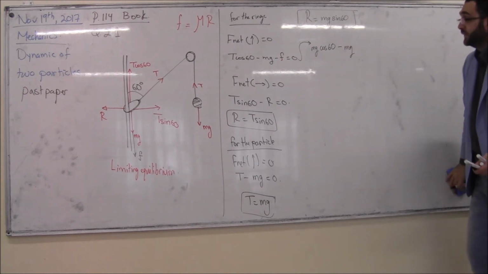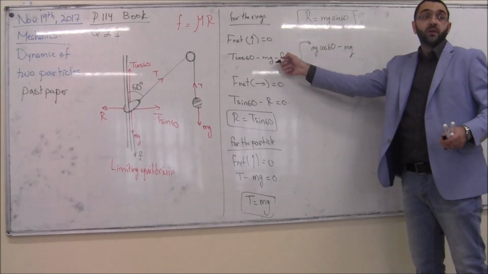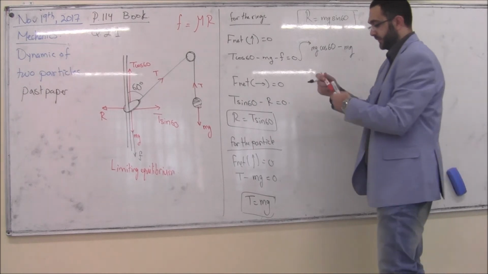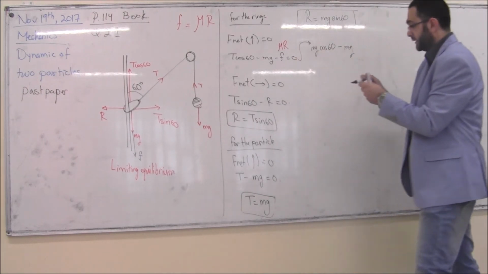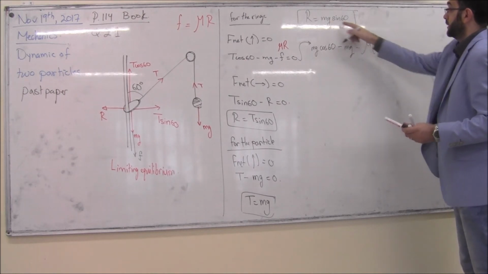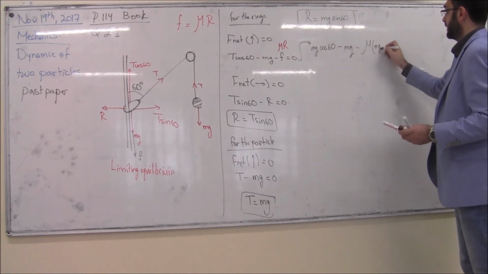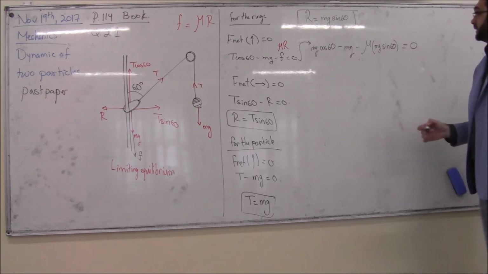The friction is mu times R, so minus mu mg sine 60 equals 0.